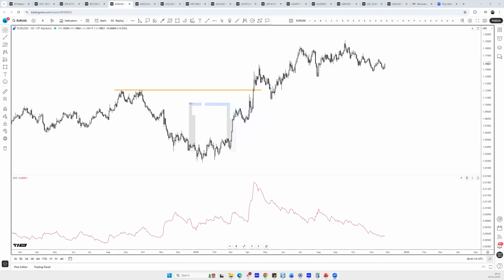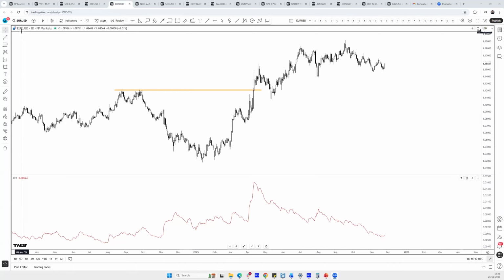Now, I do use the ATR every now and again, but I'm more of a fan of the VIX and the Bollinger Bands. Now, the ATR, as you can see here, this is the Euro Dollar daily chart. The ATR is the average true range. It is quite a popular and widely used technical analysis indicator, and it tracks the volatility of a particular market.